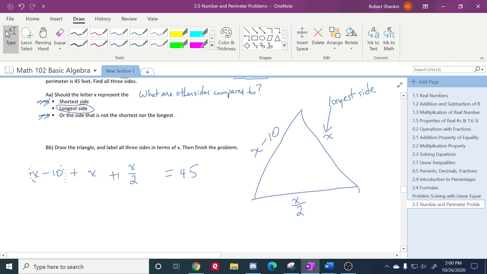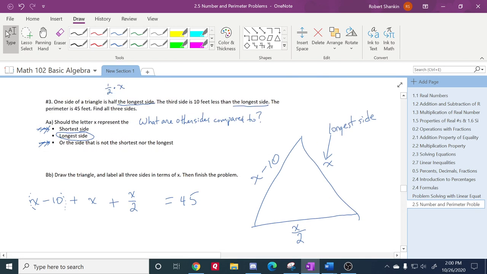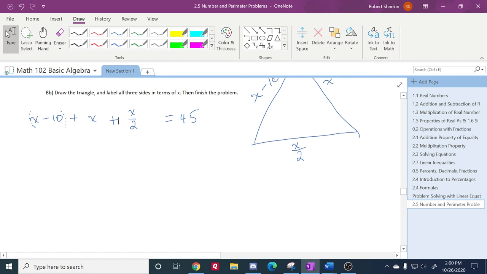Alright. That's not easy to get set up, and we needed this ability to draw the picture, label them, and get the equation from the picture. But now it's still kind of tough because of this fraction in there.